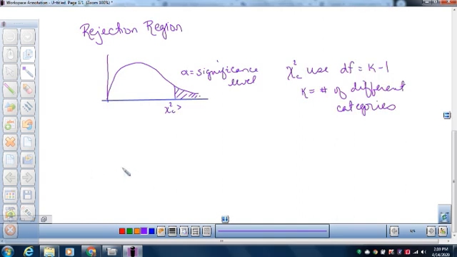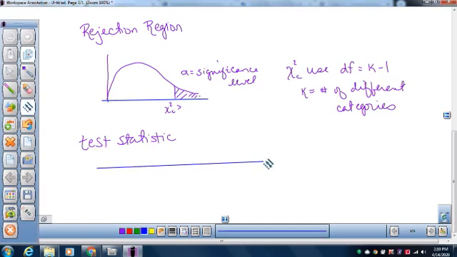Now to calculate the test statistic, this is the only one that the calculator won't necessarily do, but it's not hard to do by itself.